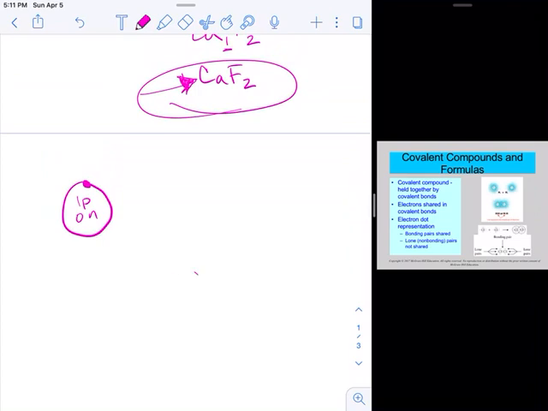So if you remember right, the first energy level, let me do one over here for helium. Helium's number 2. And that means if it's an electrically neutral atom, then it has 2 electrons floating on there. Well, how many can that first energy level hold? Well, how many elements are in the first row? Just hydrogen and helium.